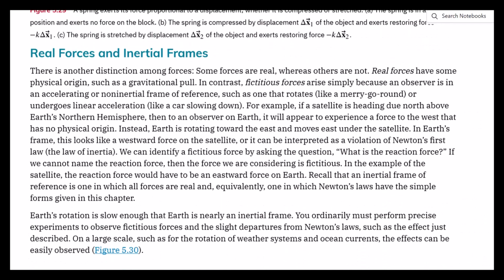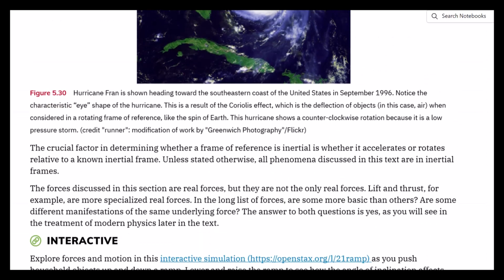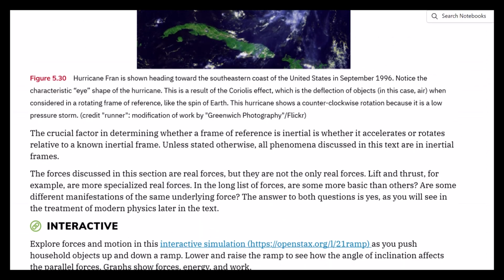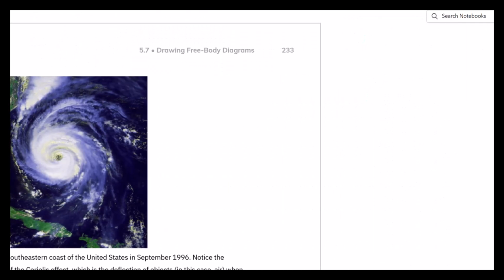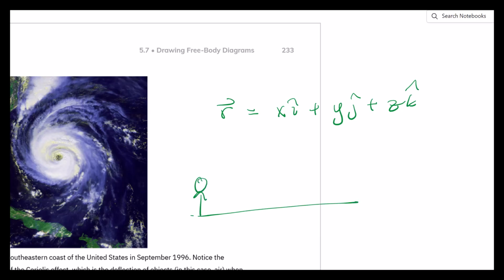Real forces, inertial reference frames. I'm not going to worry too much about this, but this whole section is about that idea I've been talking to you about before, where you have an X position and a Y position and a Z position, and the idea that if you are rotating, it's like if I'm watching a person scuba dive and they're doing this, I can be like, I see what they're doing.